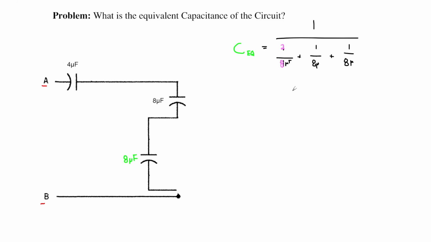Adding these values up, we get 1 over 2 plus 1 gives us 4 over 8 micro. Solving and simplifying, we are able to conclude that our capacitance of the equivalent circuit is equal to 8 over 4 micro, or simply 2 microfarads.